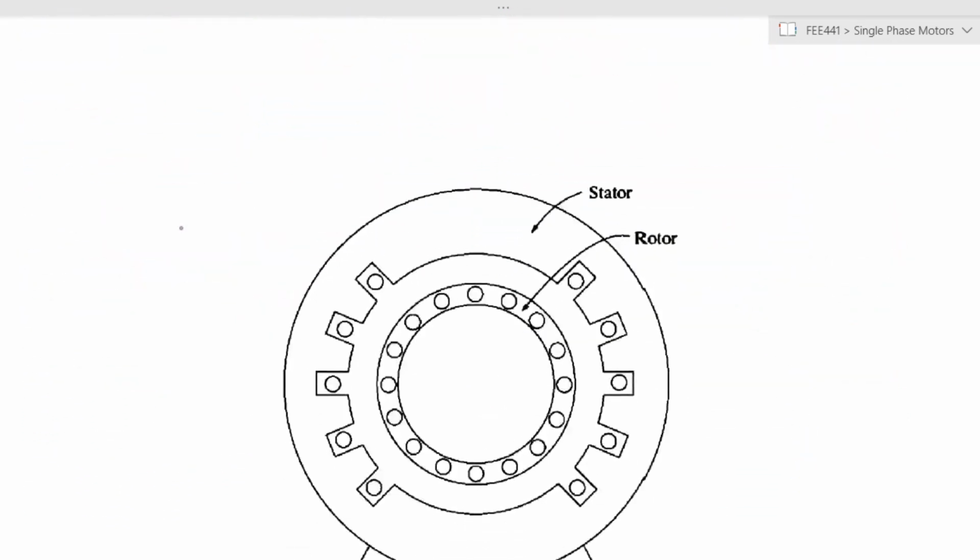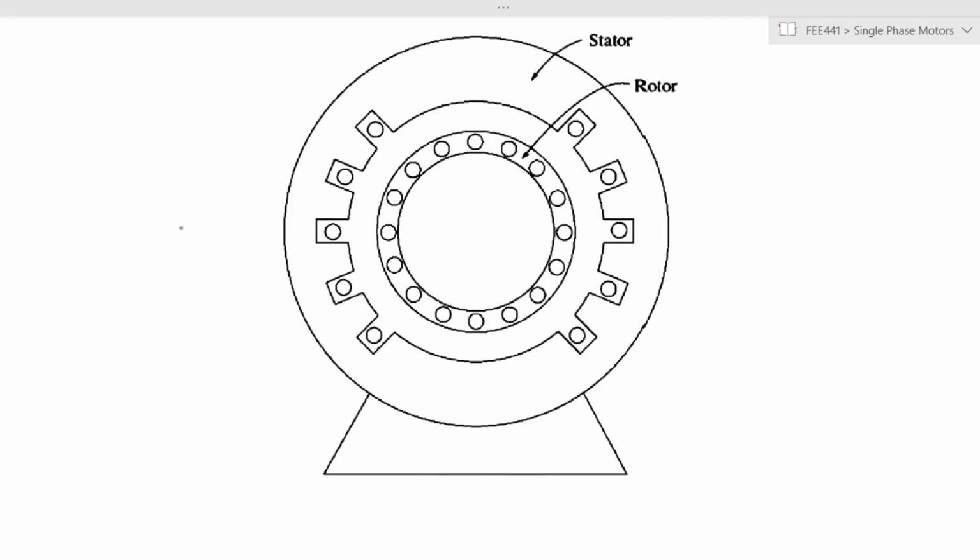So if we now look at the cross-section of a single-phase induction motor, you find that it will only have one set of windings. Even if you have two poles, you would still have the same supply being given to the motor. So for example, you would have an input there and an output being taken out from there.